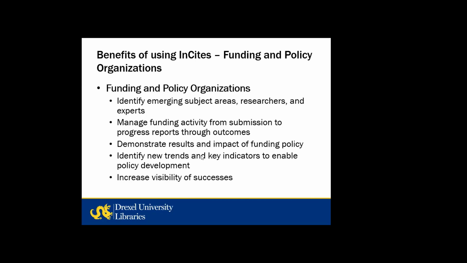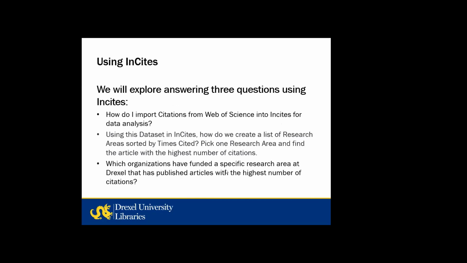Very important, because it shows you how new research trends are happening in the world, so that your university administrators, research administrators, office of research think about where to focus your university's strength and development. And it also helps in the visibility of success.